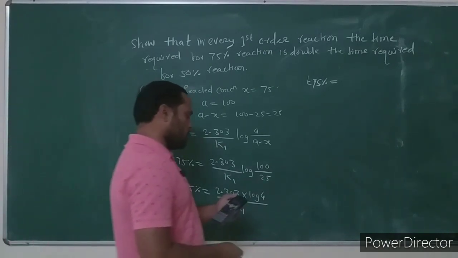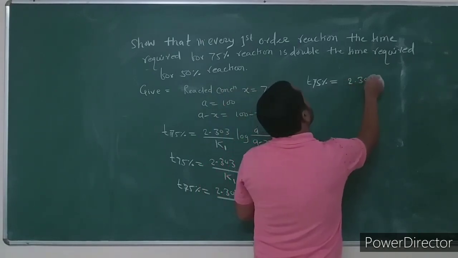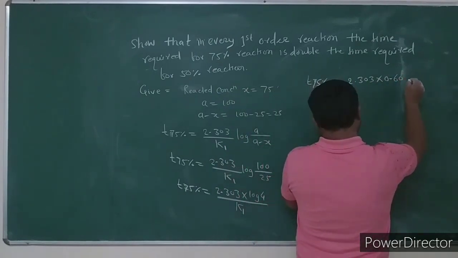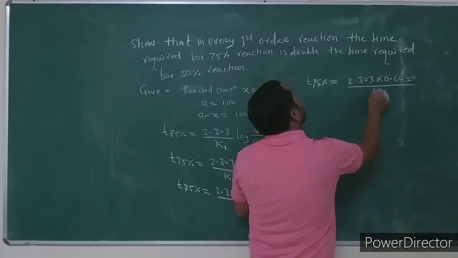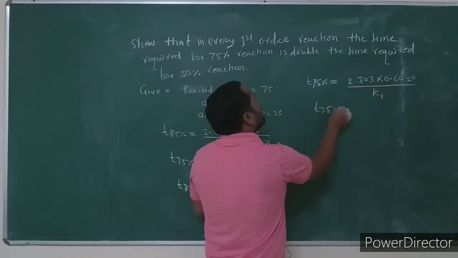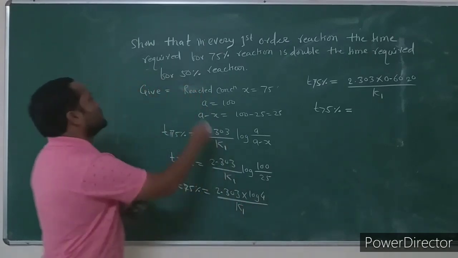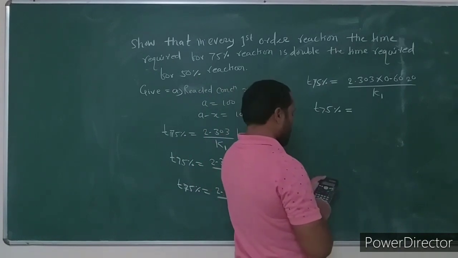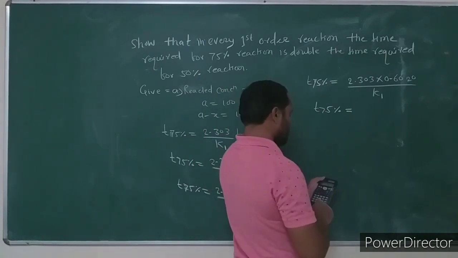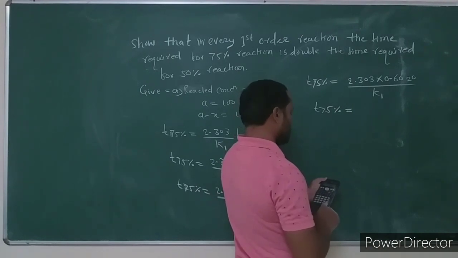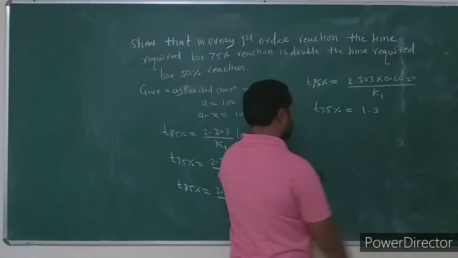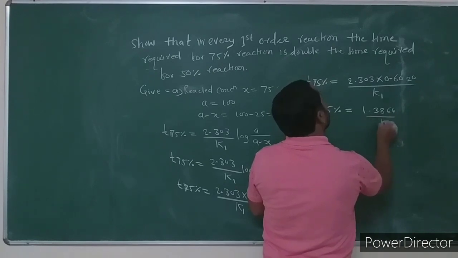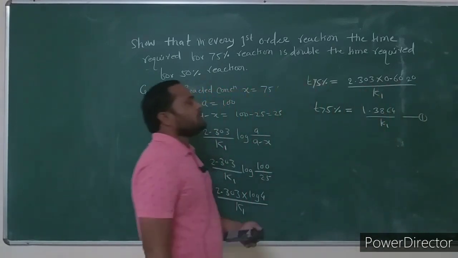Log 4 is equal to 0.6020. Then T75% is equal to 2.303 into 0.6020, which is equal to 1.3864 divided by K1. This is equation 1.